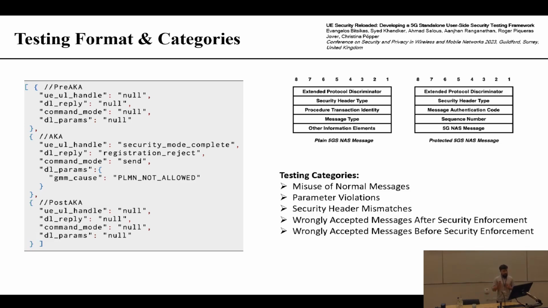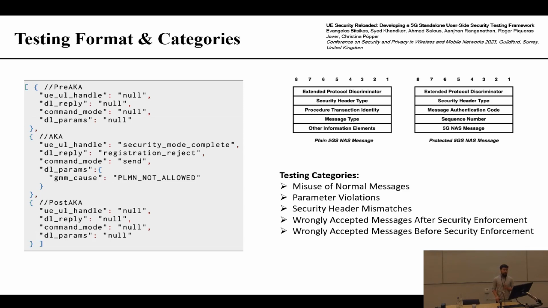And for the testing categories, it is straightforward: we just try to misuse normal messages for demonstration, which are mostly design flaws. Then we have parameter violations, where we change specific values and parameters.